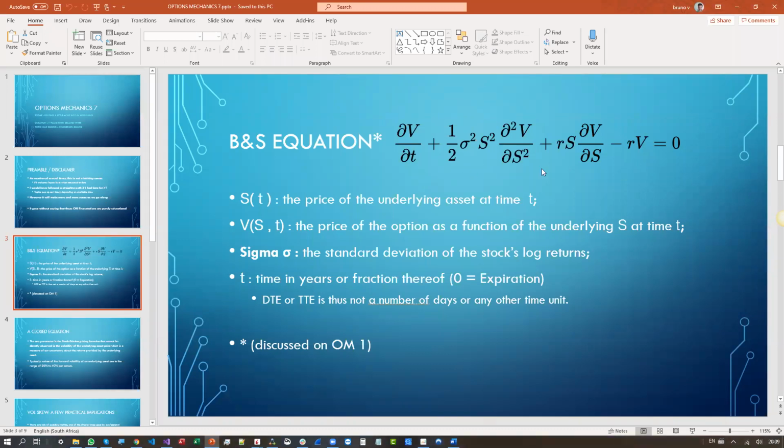This is the basic Black and Scholes, from which the call price and the put price can be deduced.